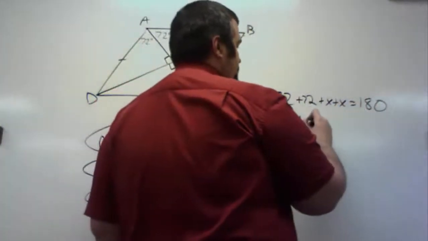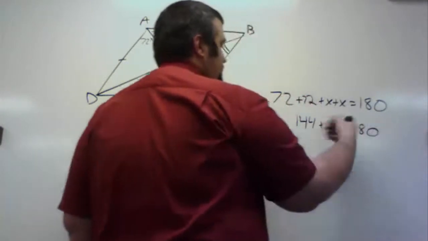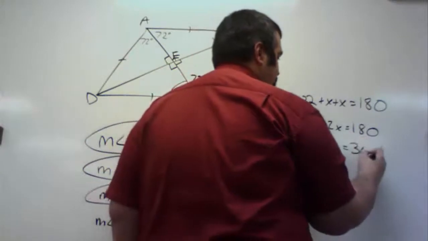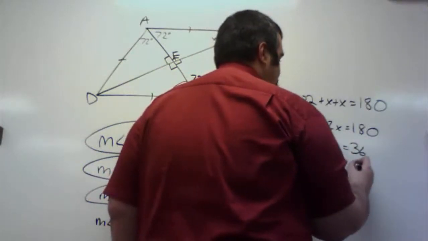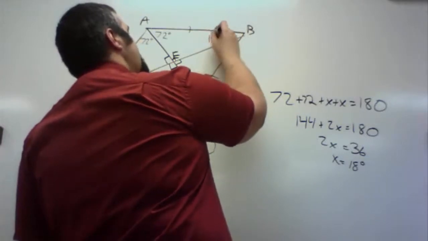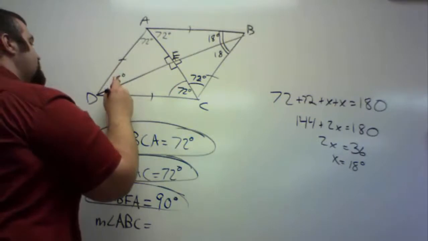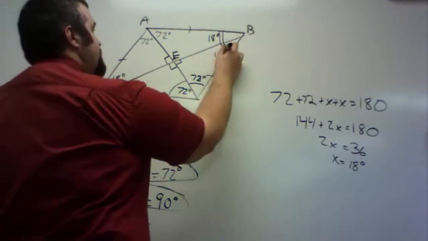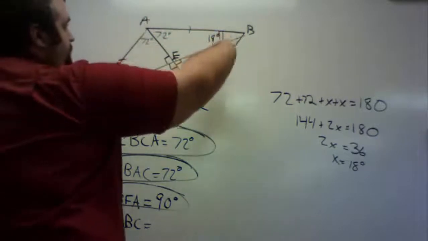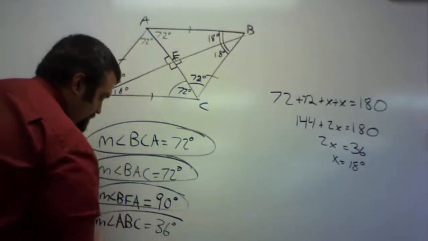So 144 plus 2x equals 180. 2x equals 36. x equals 18. So each of these angles here are 18 degrees, which also would mean down here, both of these angles are 18 degrees. So measure of angle ABC, the big angle, is 36 degrees.